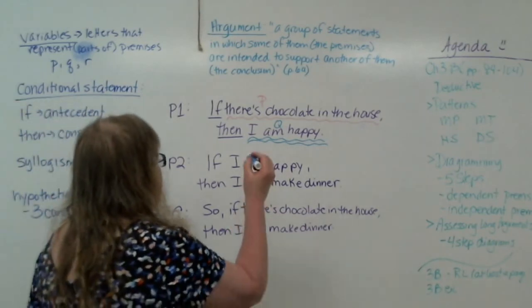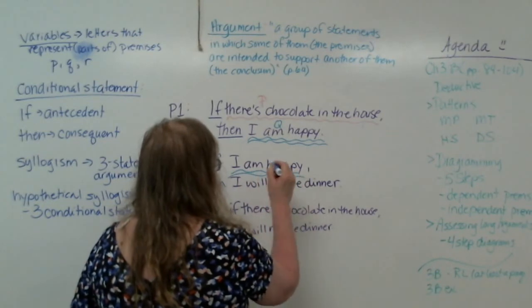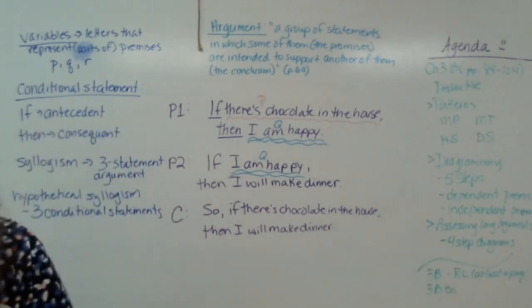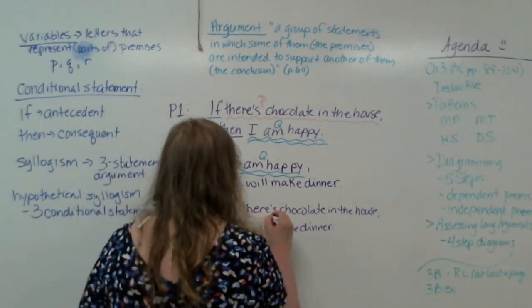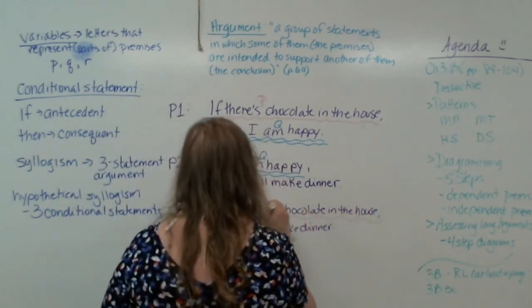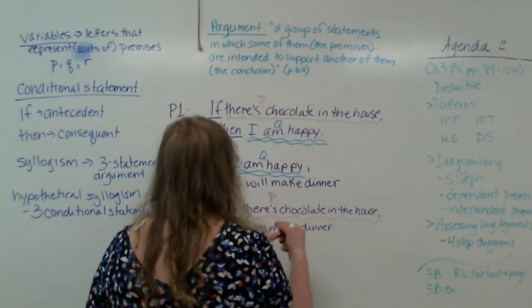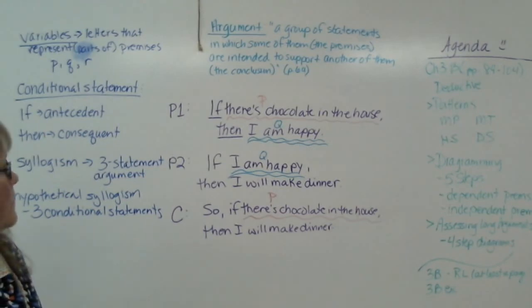Okay, so I'm going to go through and do my markup. I am happy is a Q. I have down here another P statement. If there's chocolate in the house, not the part, just the theirs. That's a P, right? No knots. Oh, let's use the green one. Okay.